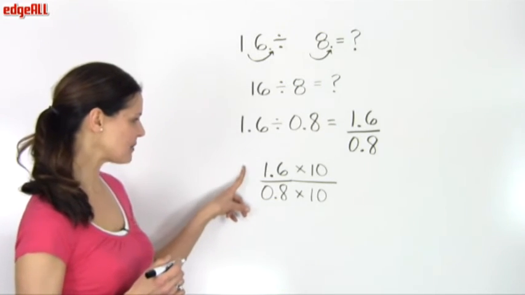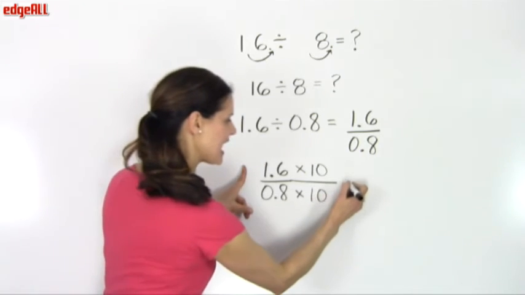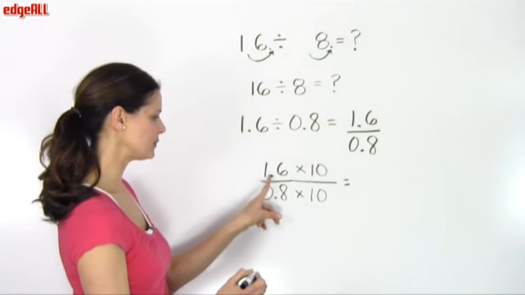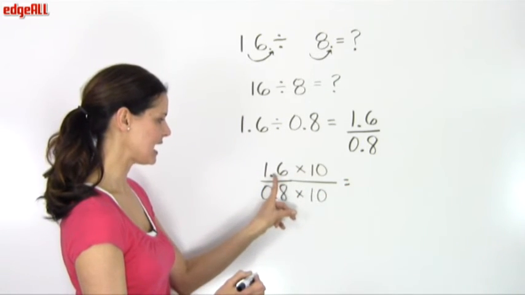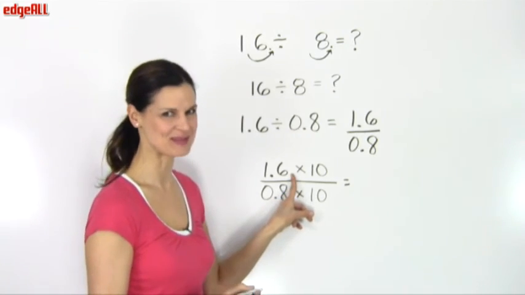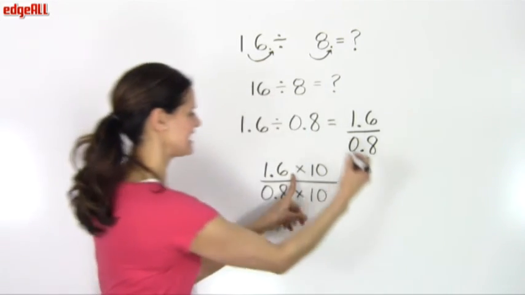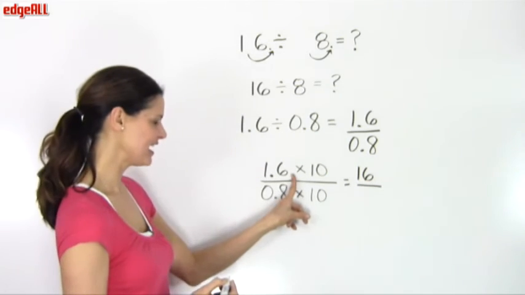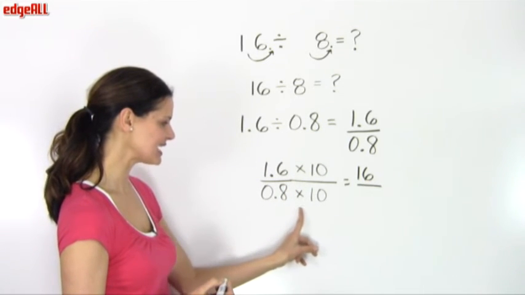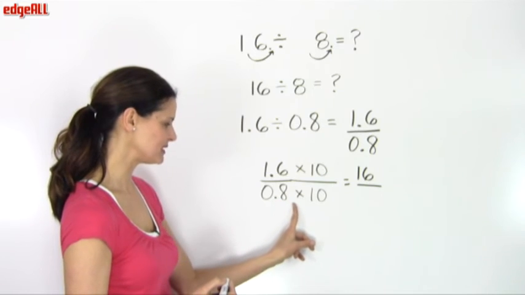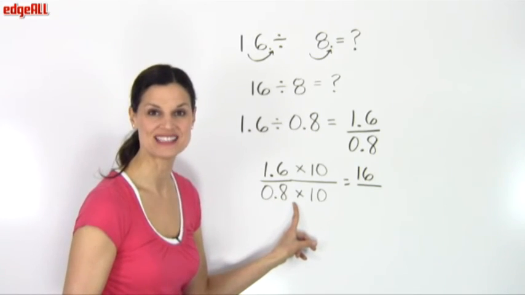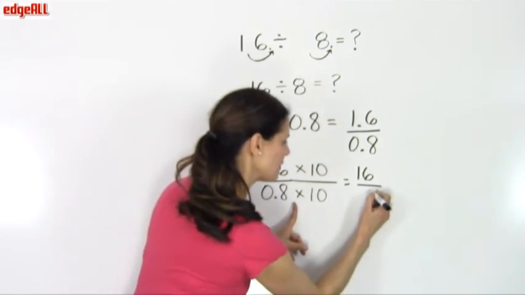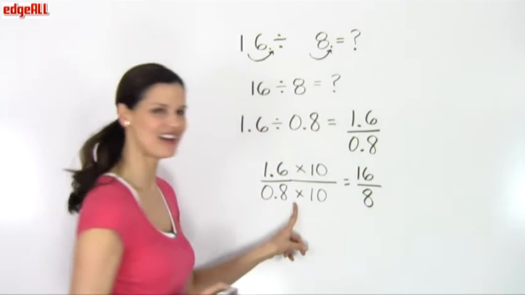And so what ends up happening here is I end up with 1.6 times 10. I move my decimal place one position to the right, just like I did up here, and I end up with 16 in my numerator. And then 0.8 times 10, moving my decimal place one position to the right, I end up with 8 in my denominator.